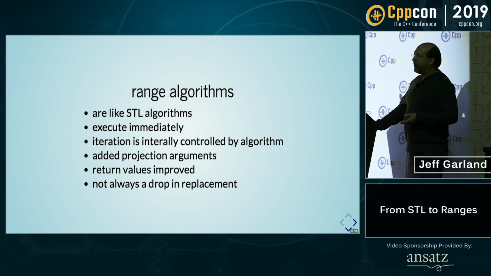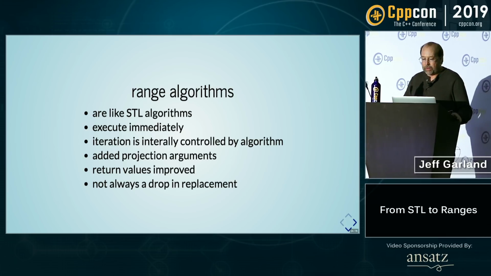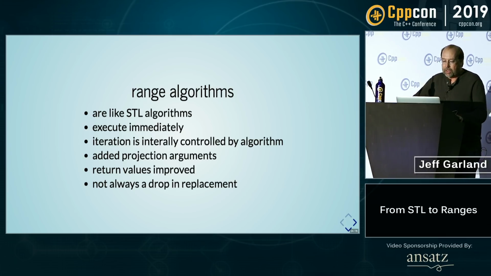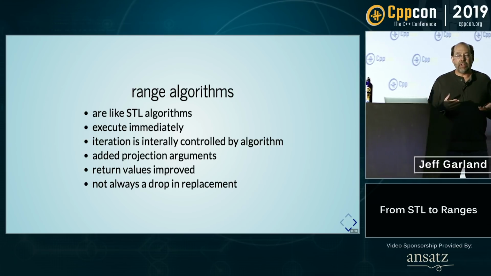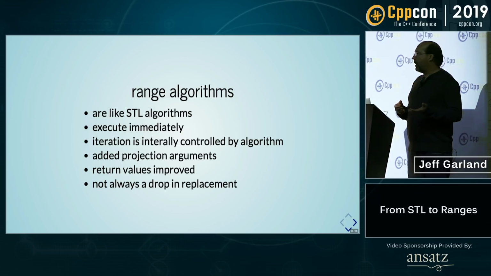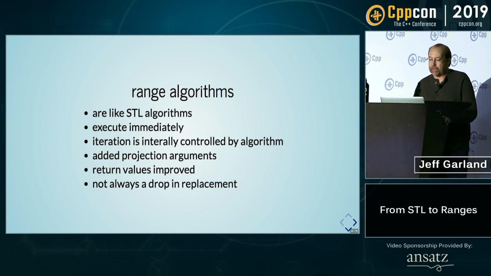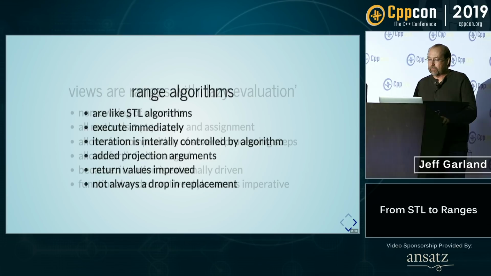So once you give up to the algorithm, it does its work, and you can see it. And as mentioned, these are not always a drop-in replacement, although what you'll see is that you can actually use iterators in most cases just the same way as you had in the past with the STL in the ranges version of them.